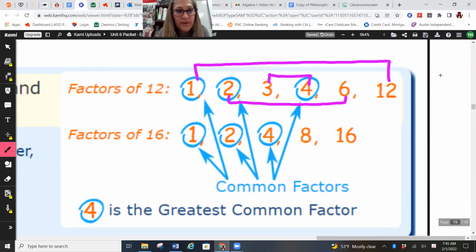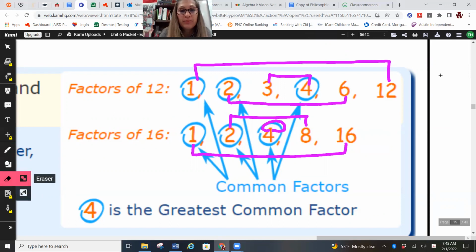Those are all the ways to make 12. For 16, 1 times 16 is 16, 2 times 8 is 16, and 4 times 4 is 16. These are the factors. What multiplies to 12? What multiplies to 16? All right, so that's bullet point 1.